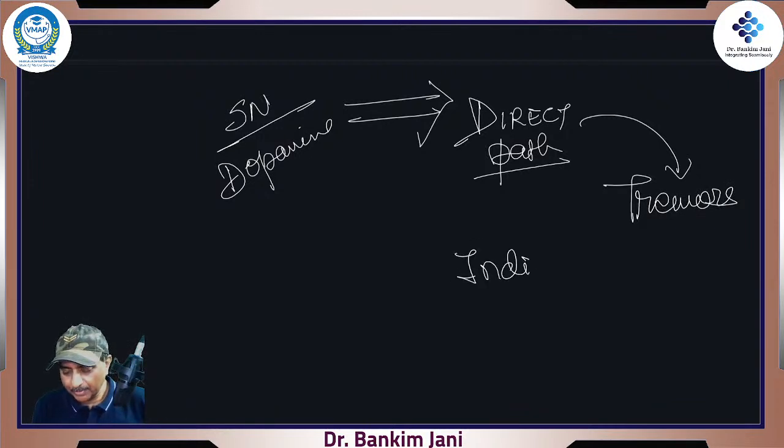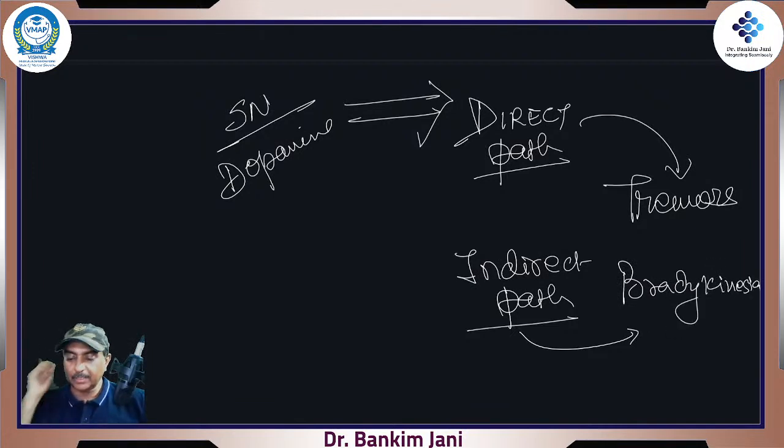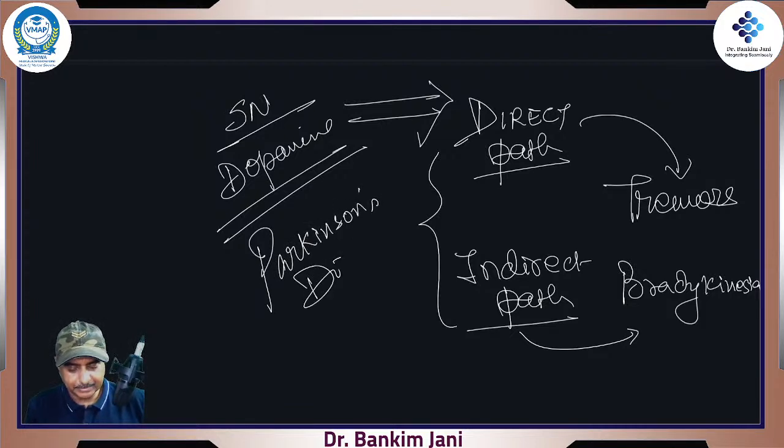Indirect pathway is also involved, so then it would lead to bradykinesia. So in one case, those uncontrolled movements, and in the second case, those sluggish movements, right? That is what leads to this. And this is the basis of Parkinson's disease.